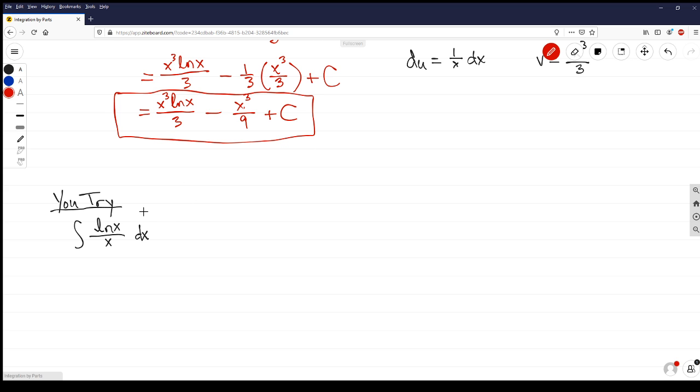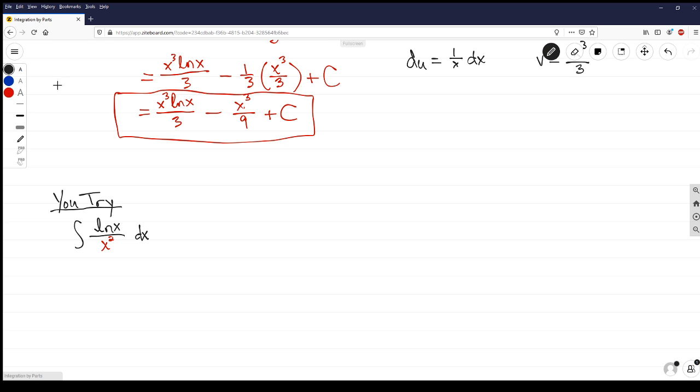I think that should be x squared. Alright, so we'll do that. Yes. Alright, natural log of x over x squared times dx.